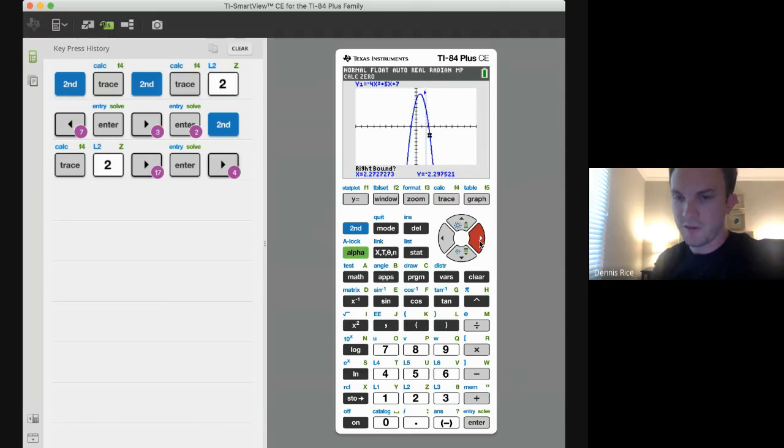Now, right bound is below. I can go all the way down here if I wanted to, anywhere below the x-axis. See those blue lines? The root is between those. If you mess that up, your calculator is going to say error or nothing found. So when you do the left bound, right bound, you're creating the window that your calculator is going to look between. Are we following this?